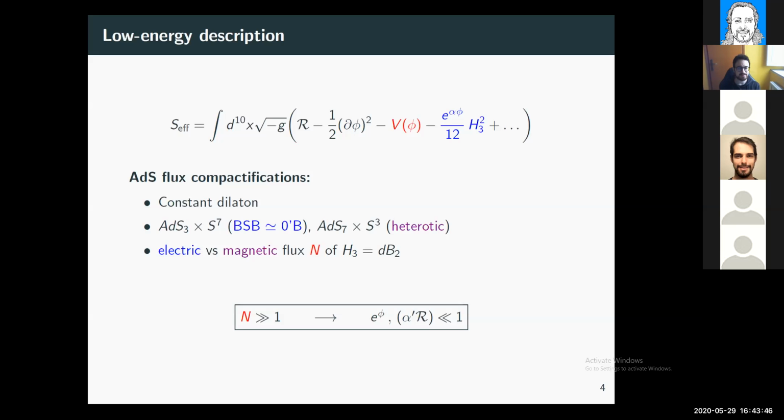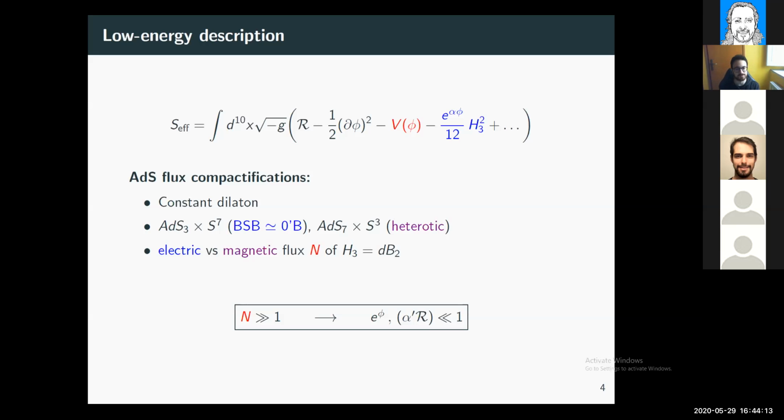But nevertheless, turning on fluxes, which we can do thanks to the presence of this form field strength, we can tame this imbalance between alpha prime orders and actually build up a controlled solution. And these solutions have the Freund-Rubin structure of a flux compactification with AdS and a compact Einstein manifold.